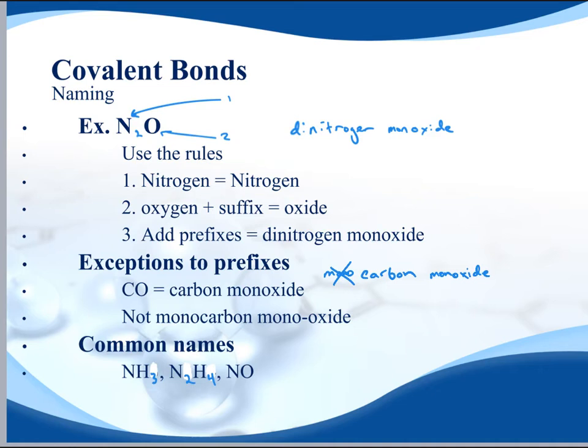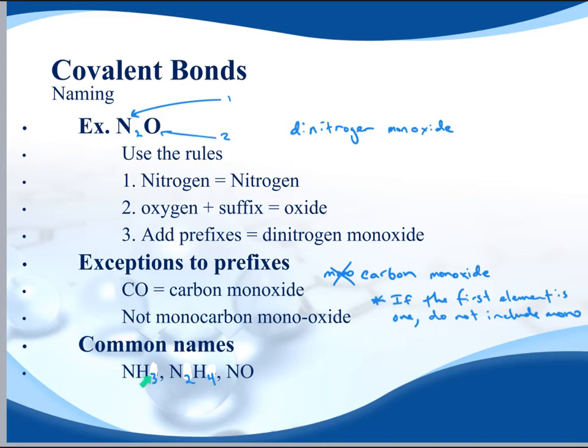If the first element is 1, do not include mono. We don't call it monocarbon monoxide. You've probably heard of carbon monoxide. That's what that is. So the first one doesn't have a prefix. It's assumed to be 1.